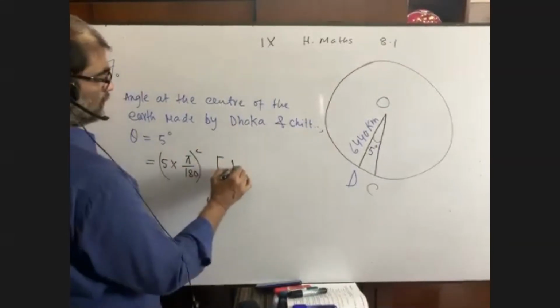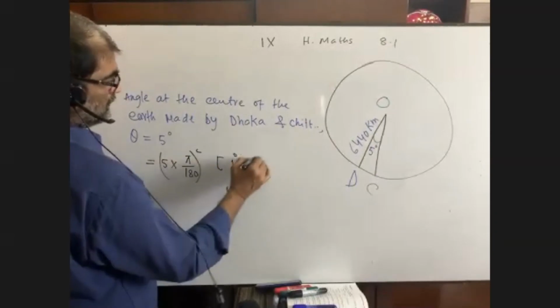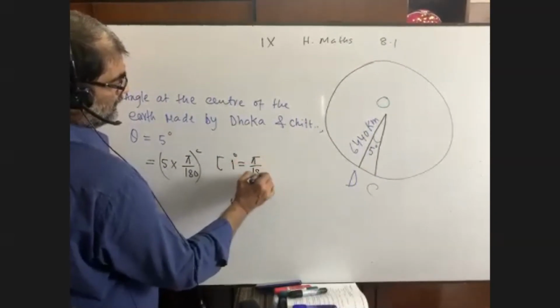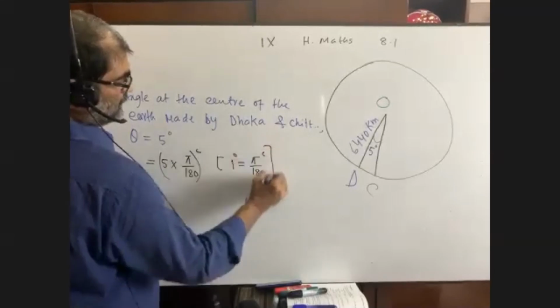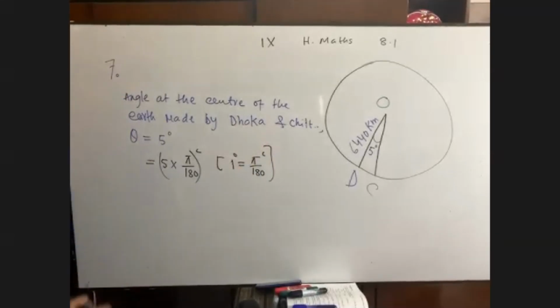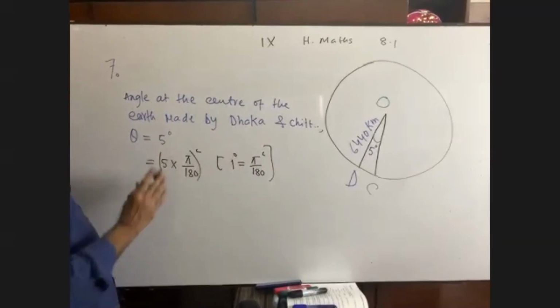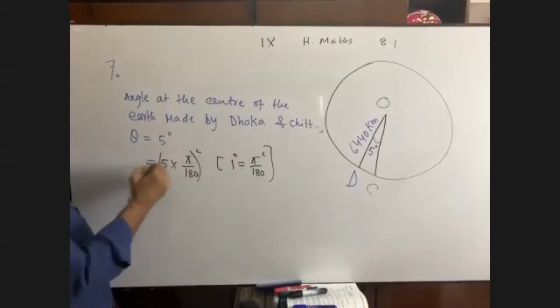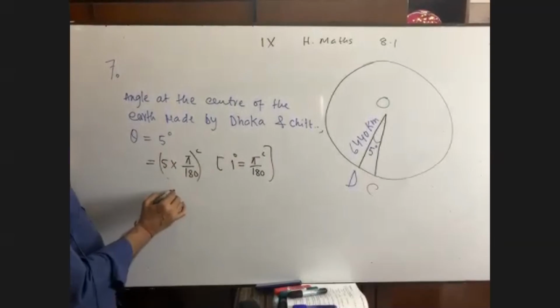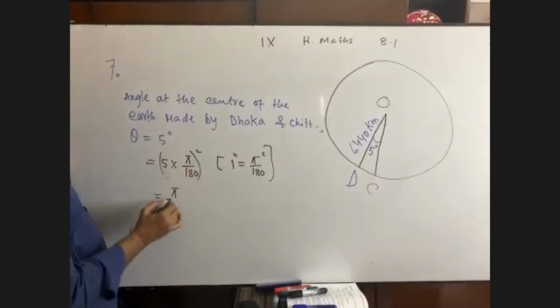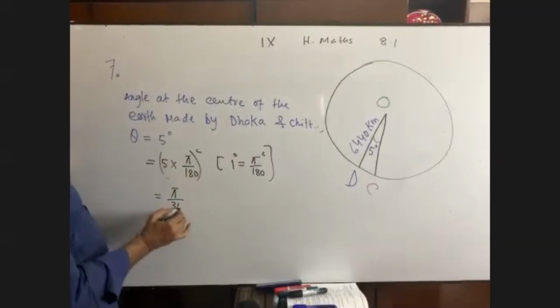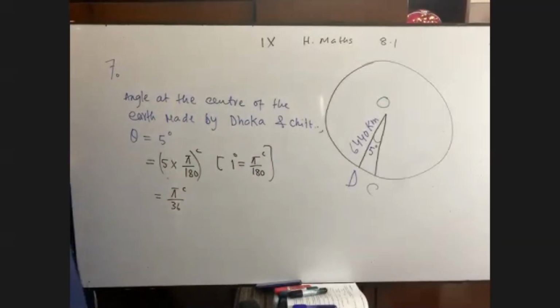1 degree equals pi by 180 radian. You can calculate it or not, it is up to you. If we calculate, the result is pi by 36 radian.